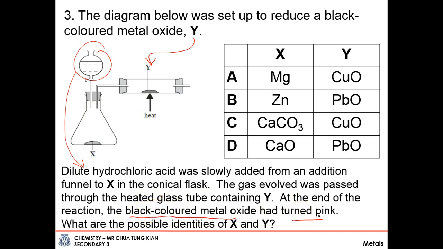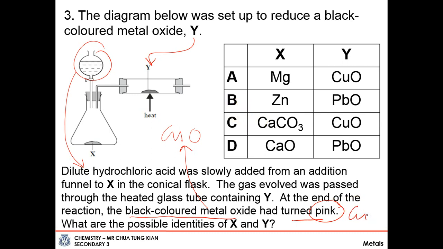If you think about this, what could be the black colored metal oxide? Recall earlier I said the black colored metal oxide is most likely copper oxide, and it turning pink allows us to conclude that it is indeed copper oxide, because the pink colored metal would be copper metal.